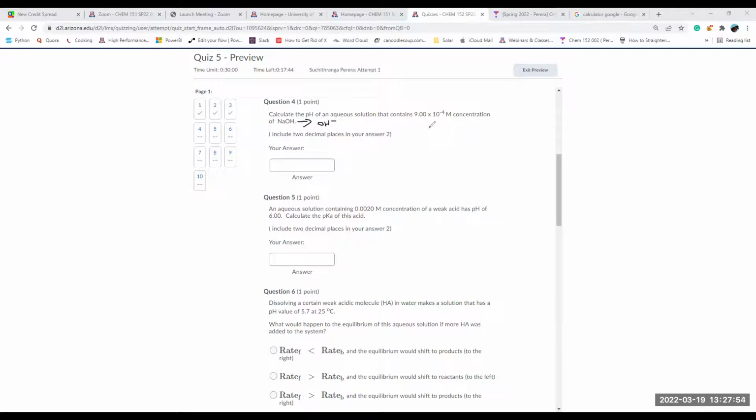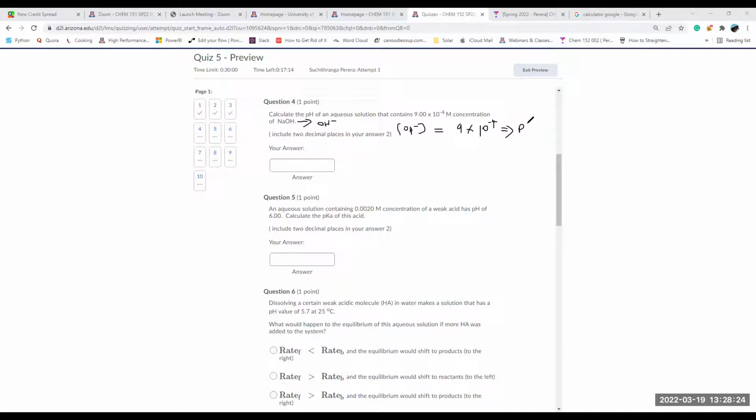Therefore, the initial concentration of the base is equal to the OH minus concentration. Therefore the OH minus concentration is equal to 9 times 10 to the power of minus 4. And from this we can calculate the pOH.